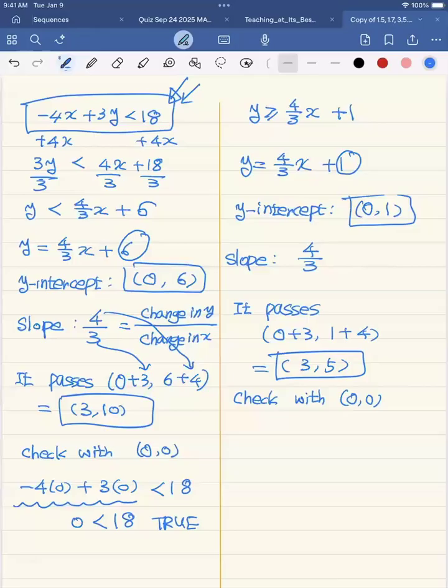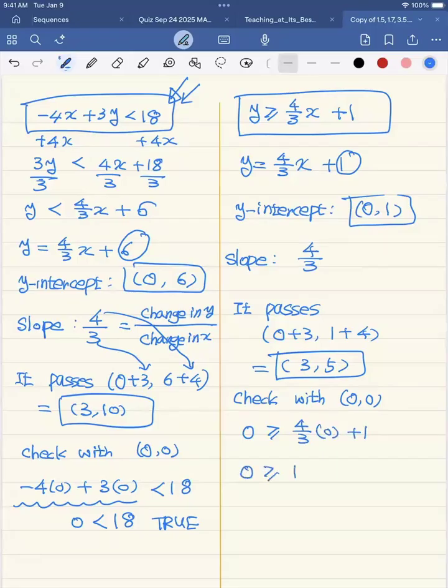In the first inequality, y is greater than or equal to 4/3 x plus 1, when we check with (0, 0), y equals 0 is greater than or equal to 4/3 times x equals 0 plus 1. So 0 is greater than or equal to 1. So this is false, right?